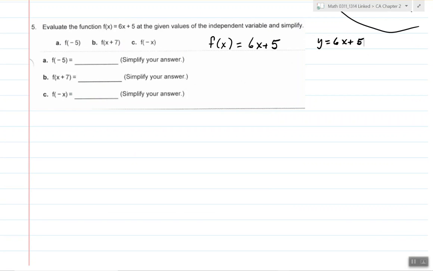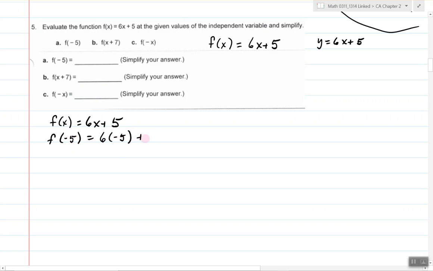All right, so I have f of x is 6x plus 5. F of negative 5 is, well, if they put negative 5 in the place of x, then I will too. 6 times negative 5 plus 5, which is negative 30, plus 5, which is negative 25. So my first answer is negative 25.